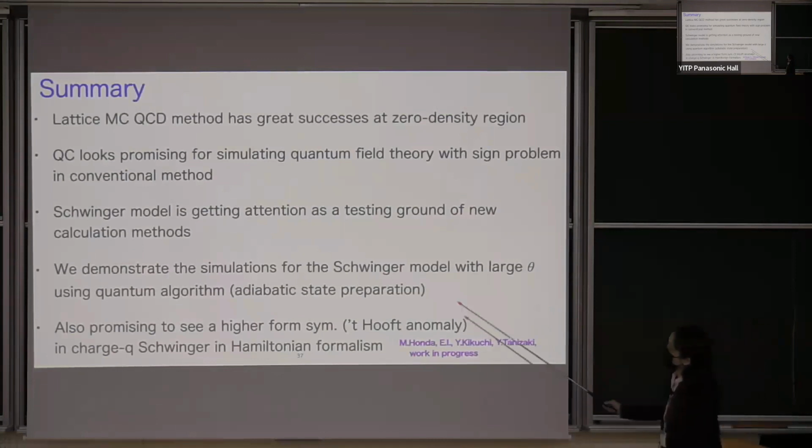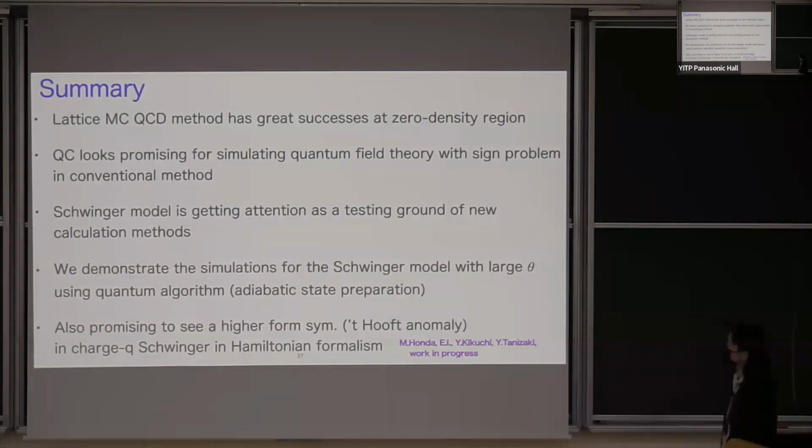And actually, the Schwinger model is getting attention as a good testing ground for new calculation methods. So we demonstrated the simulation of the Schwinger model with a large theta term using the quantum algorithm. And it also looks promising to see some theoretical concepts, higher form symmetry or 't Hooft anomaly, in extended models.